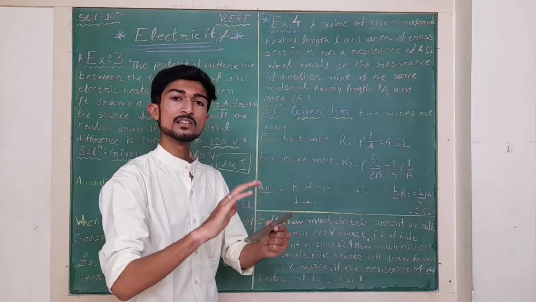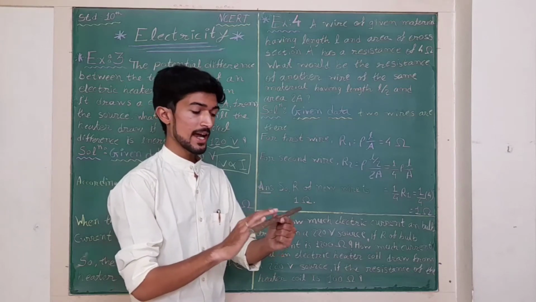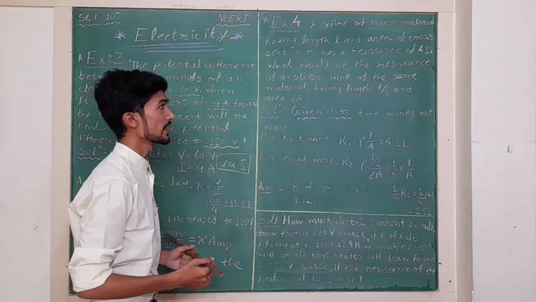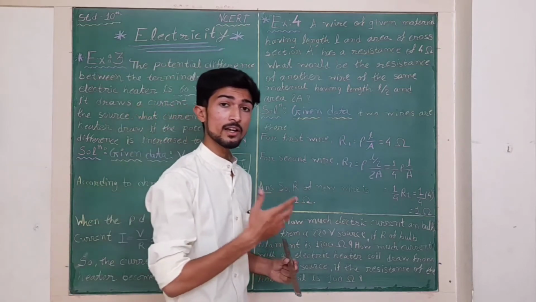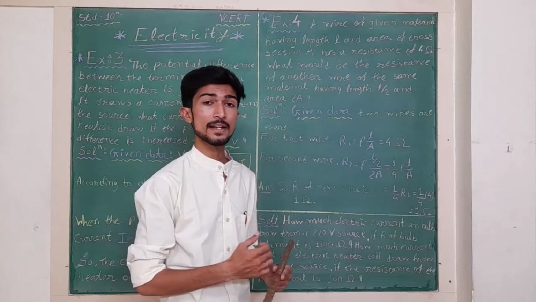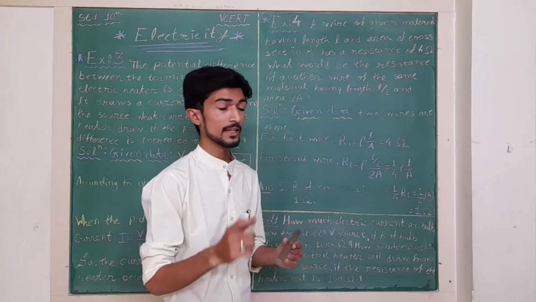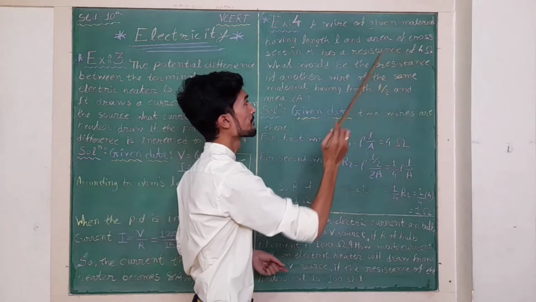L is the length of the conducting wire and capital A is the cross-sectional area. They also give the resistance of that wire, and that is 4 ohm.